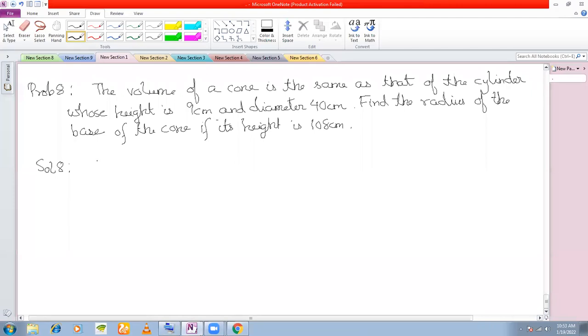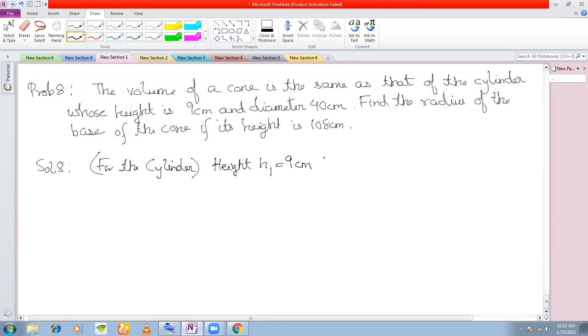So for the cylinder, you have height, let's call it H1, is 9 centimeter, right?